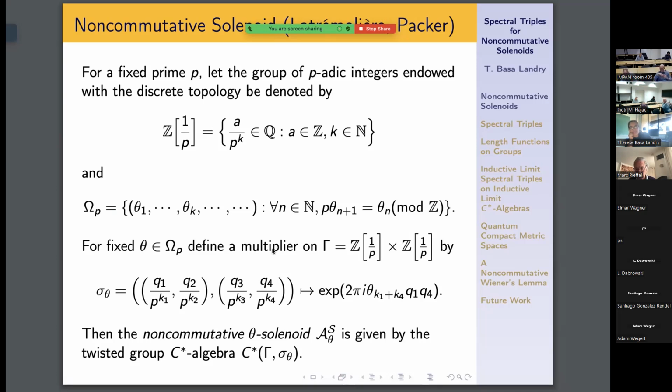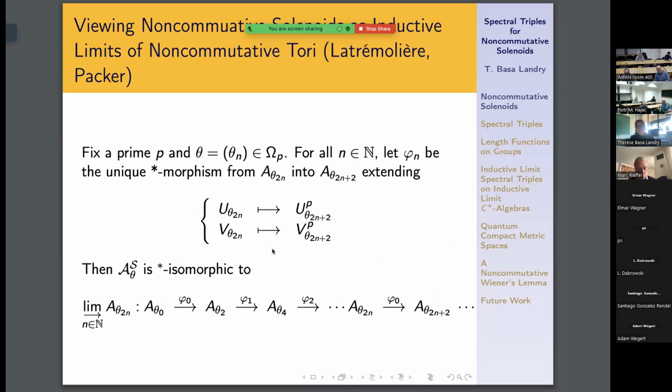Yes, more and more so-called satellites. Right, but as we'll see in the next slide, for each of these sequences you associate the corresponding rotation algebra, and this is not commutative. Yes, this is not commutative.